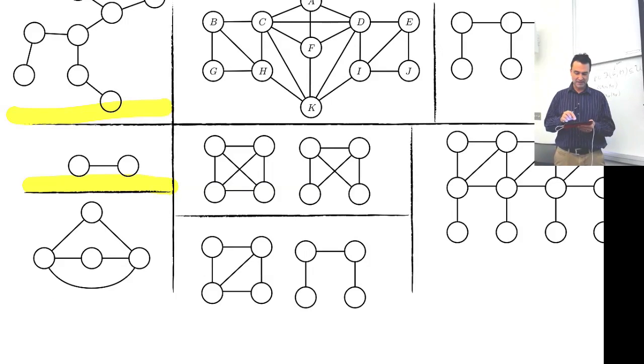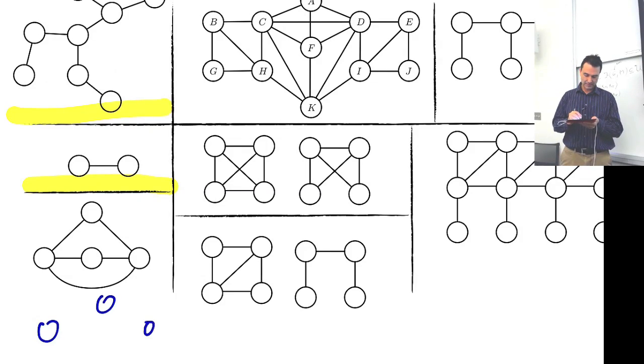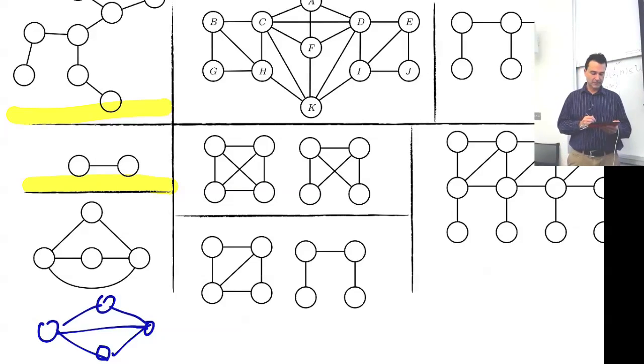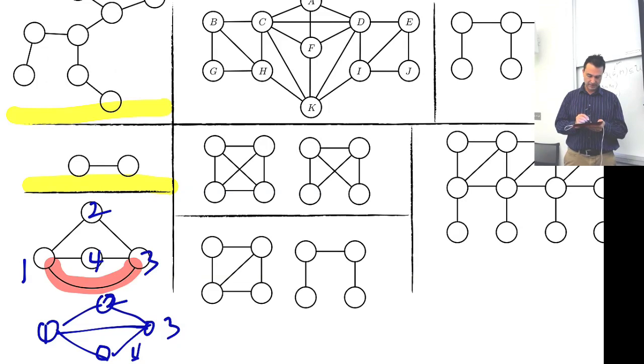I saw a lot of people nodding their heads. This is a deliberately tricky graph. This is the same graph as this one. So if this is 1, 2, 3, 4, and this is 1, 2, 3, 4, then this edge here is the same as this edge here.